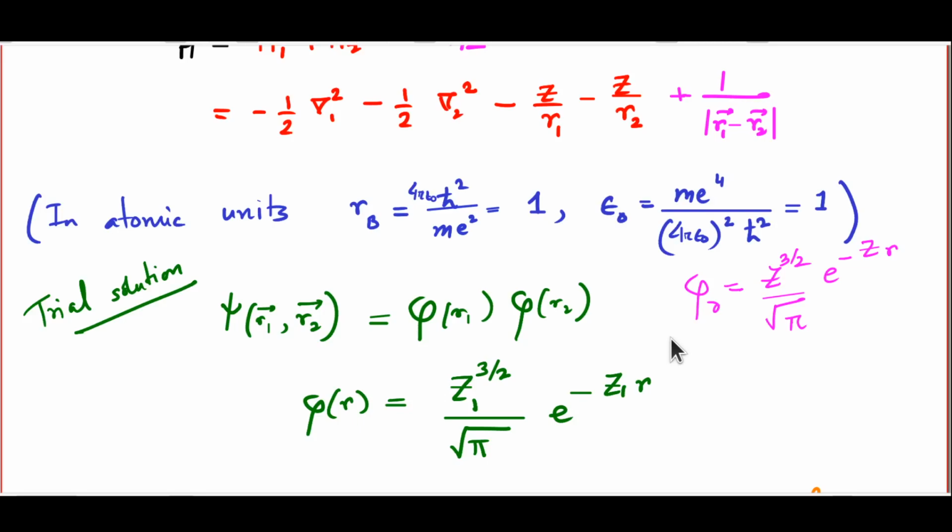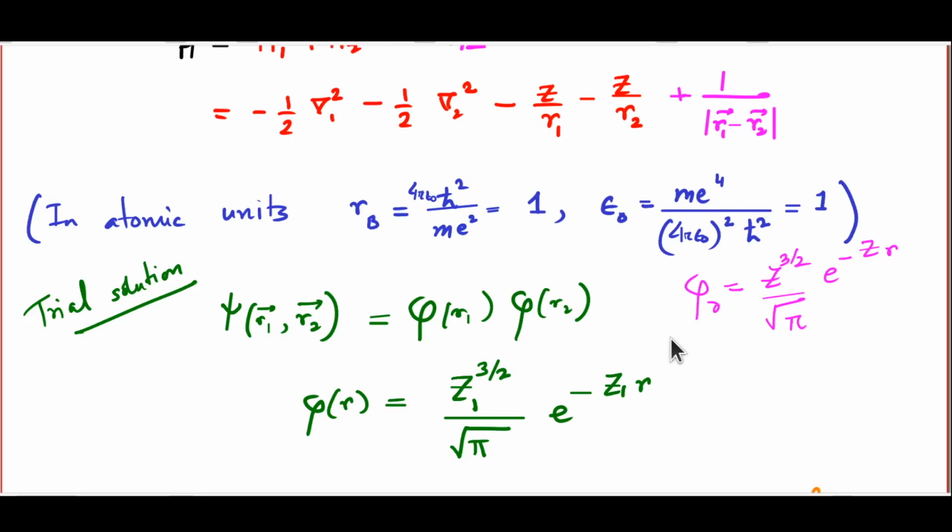There's also a reason why we would believe that the wave function looks somewhat like this. Notice that now that we have two electrons surrounding the nucleus, the job of each electron would be to essentially shield the other from the full effect of the nucleus by acting as a sort of negative charge screen around it.